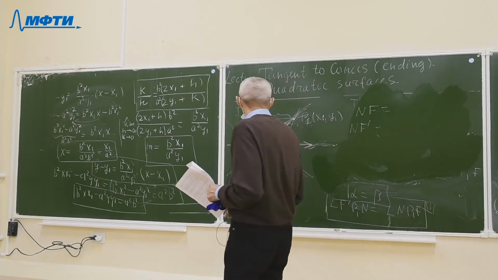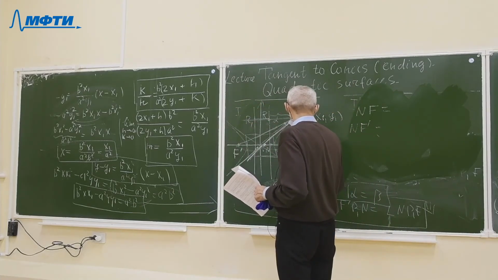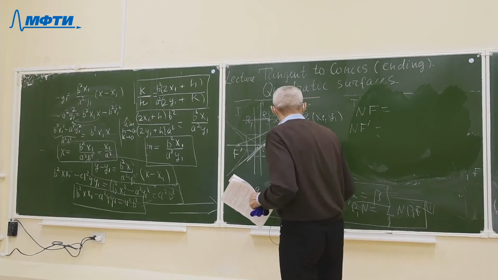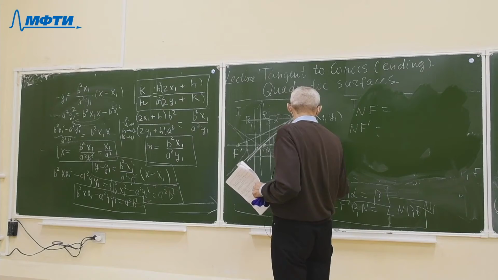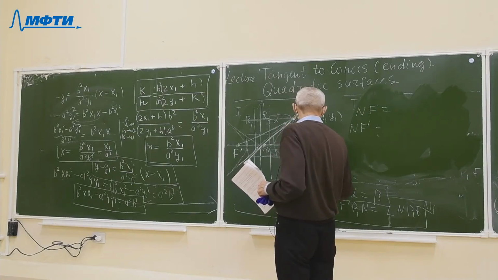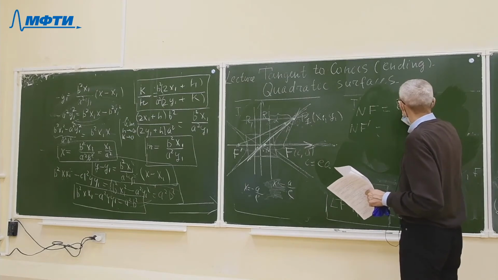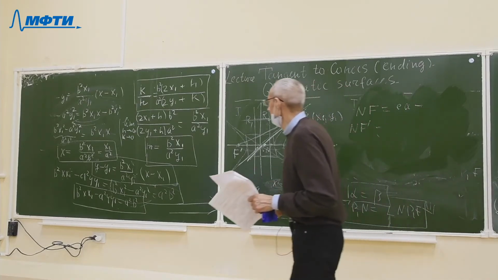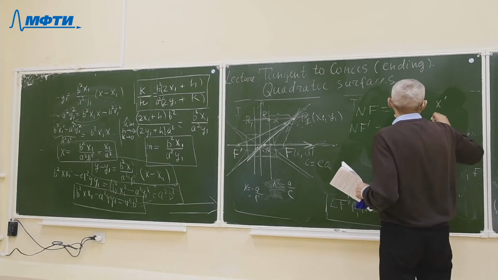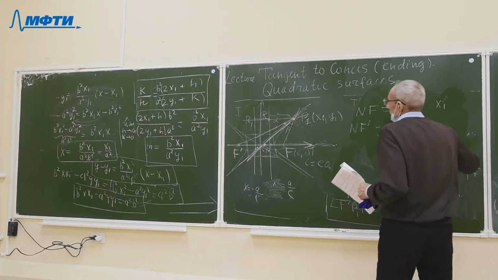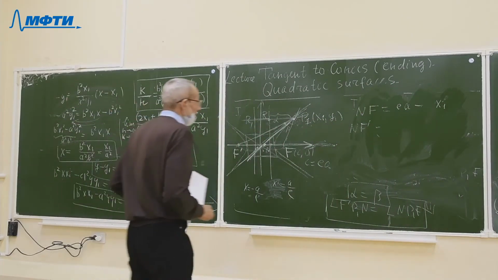F has coordinates c, 0, and c is equal to ea, and NF is equal to ea minus x1 divided by a square.